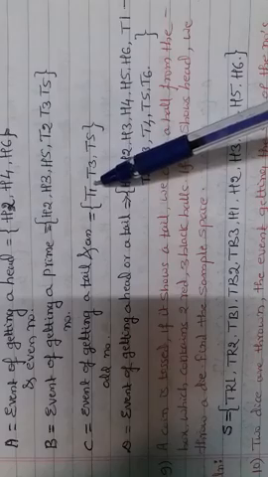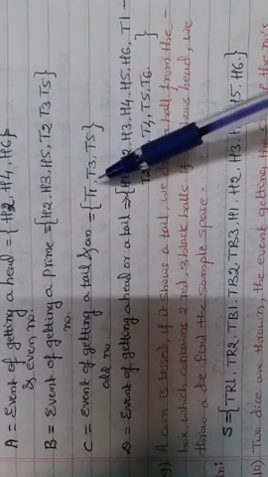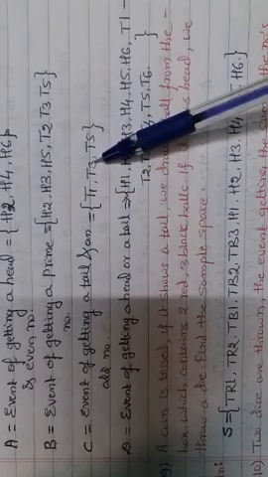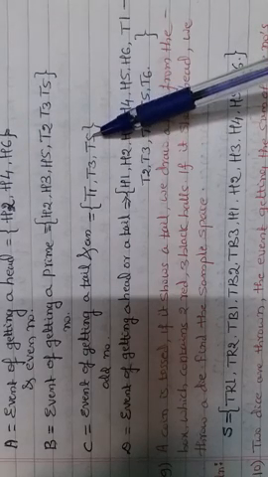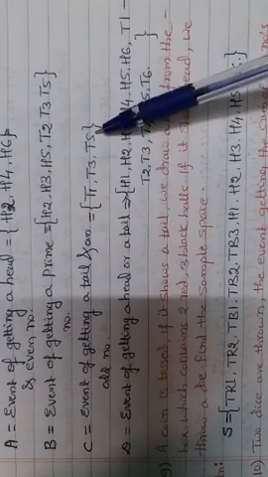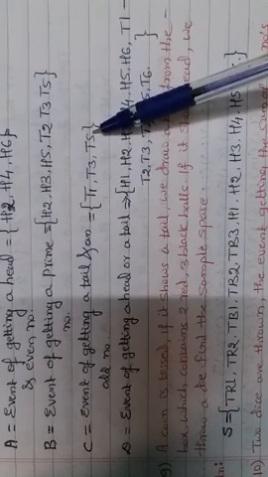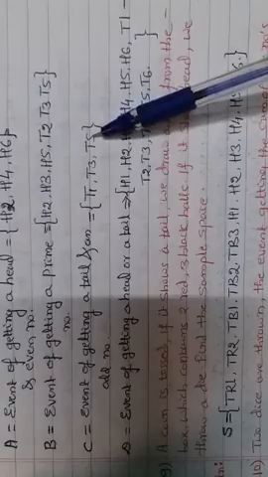Then odd number: a die has 6 faces. 1 is an odd number. Second time you toss, tail appears. 3 is the odd number. Third time you toss, tail appears. Then 5 is the odd number, from the dice only.